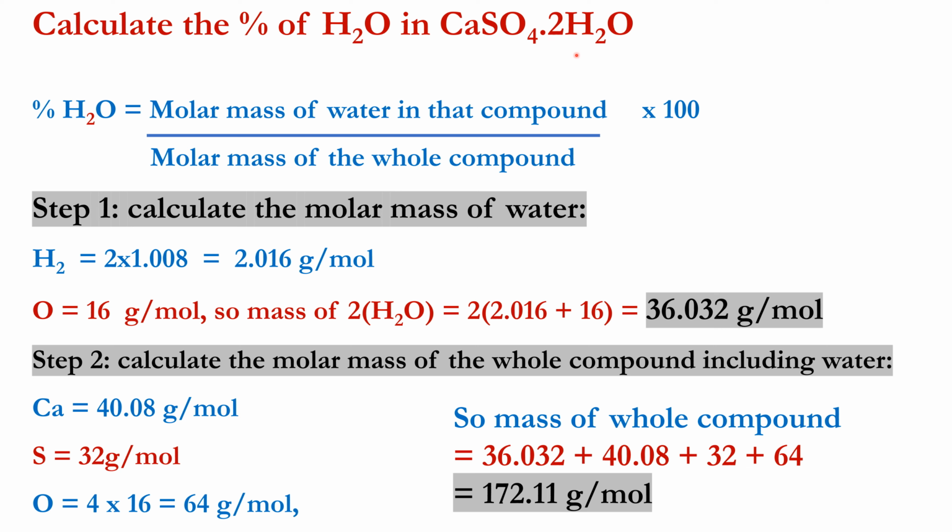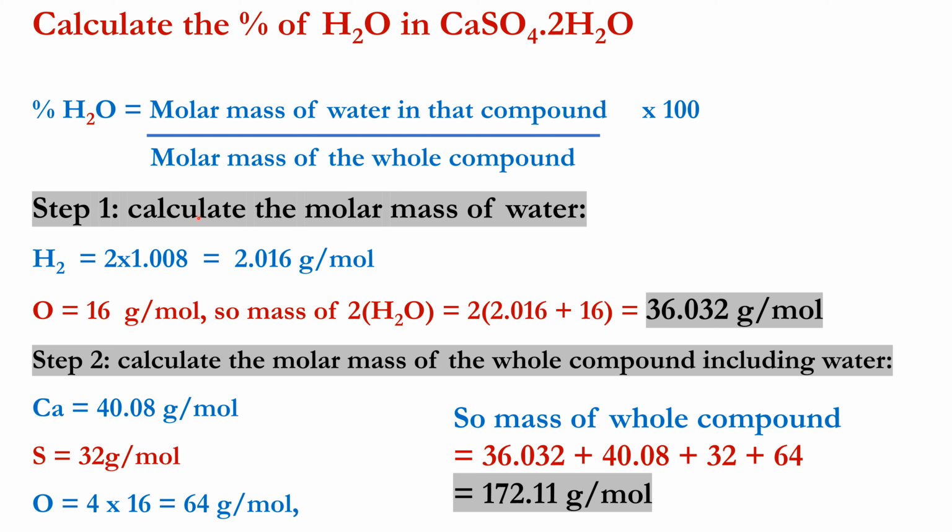To calculate the percentage of water in this compound, we use the formula: percentage water equals molar mass of water in this compound, so in this case we have 2 molecules of water, divided by the mass of the whole compound, including the 2 molecules of water, and then we multiply by 100.